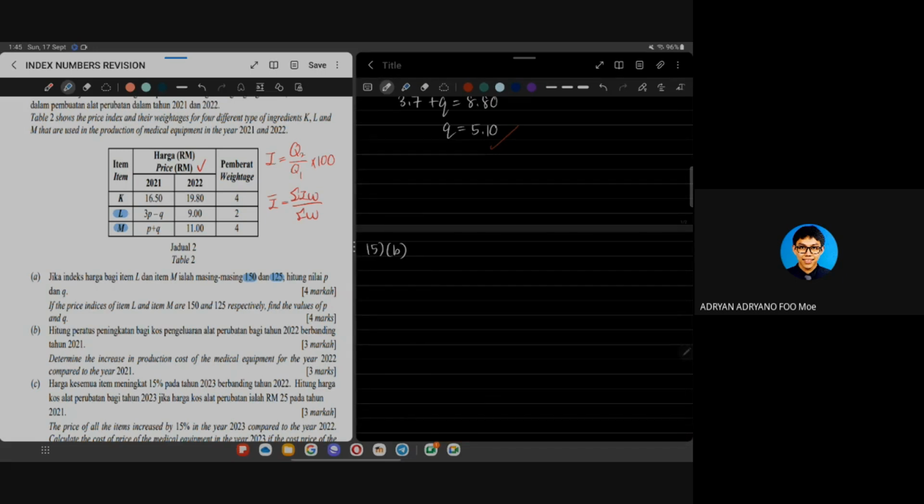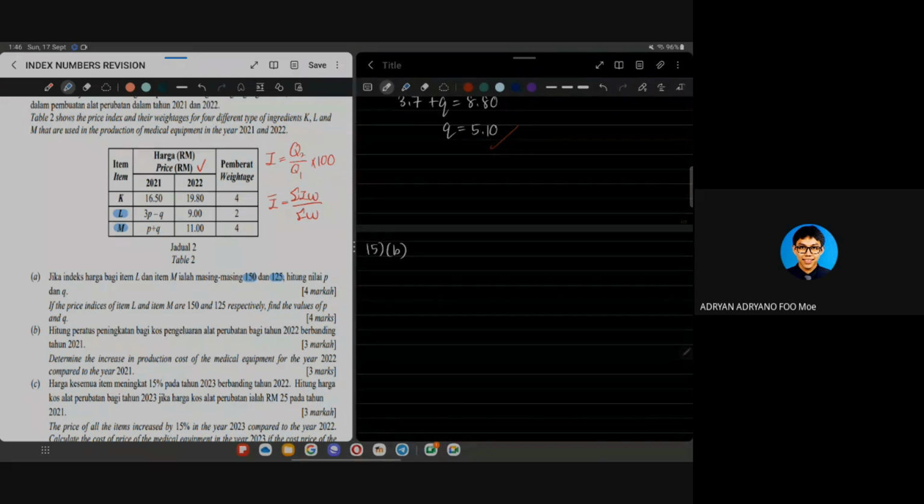Okay, whenever you see this word production cost, the cost of production compared from this year to that year, I will always think I have to do composite index. Why? You must distinguish very clearly at this stage, what is the difference between index and composite index? Index is for one thing, one material. Composite is everything that I use to make that thing, the combination.